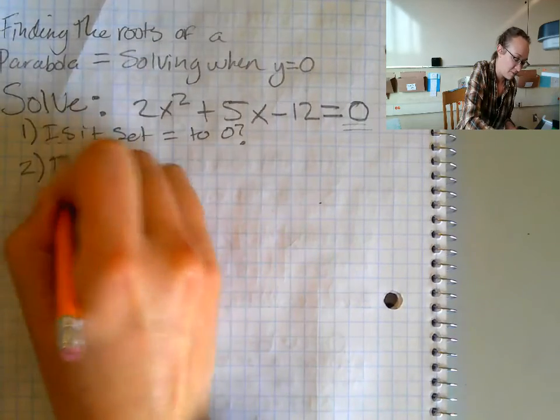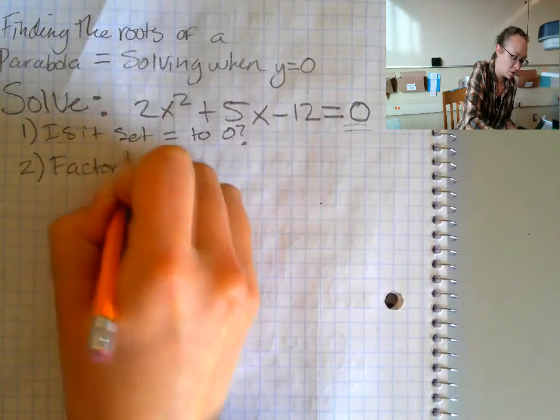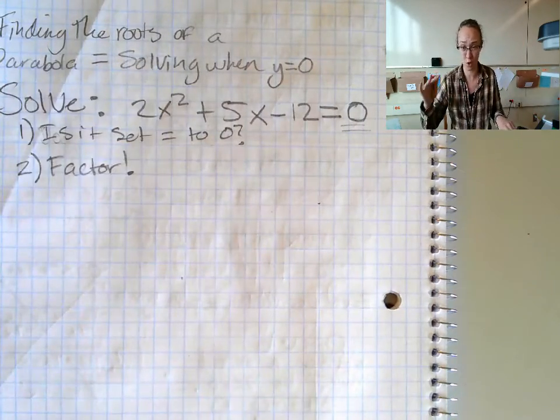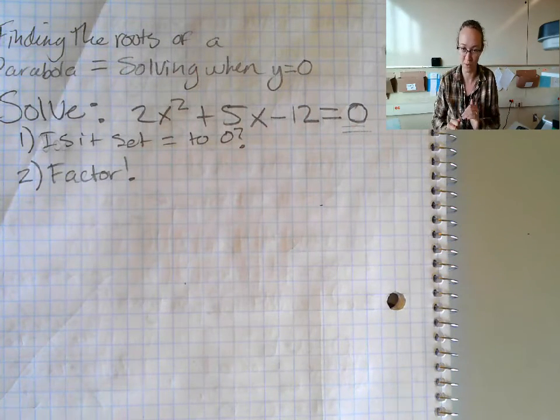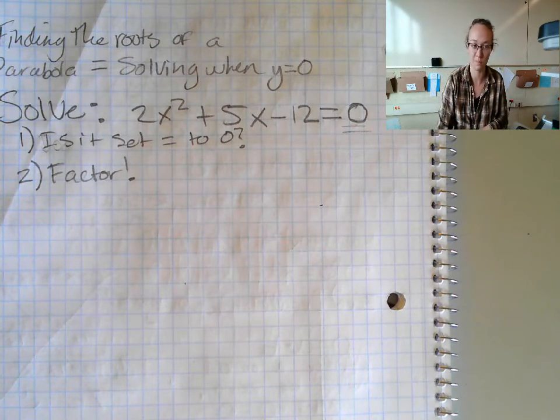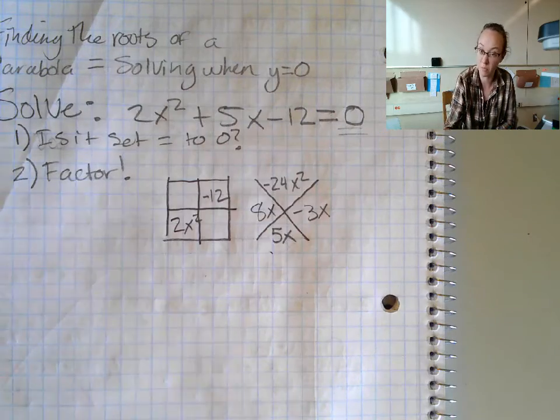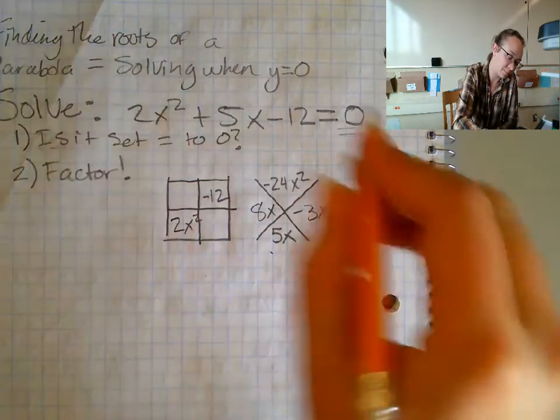Step 2: Factor. If factoring doesn't work, then you're going to have to move on to a different strategy that you haven't learned yet. Okay? So factoring is going to work for this one. So we're going to do our generic rectangle and our diamond problem.